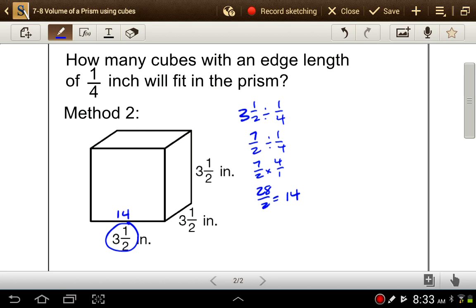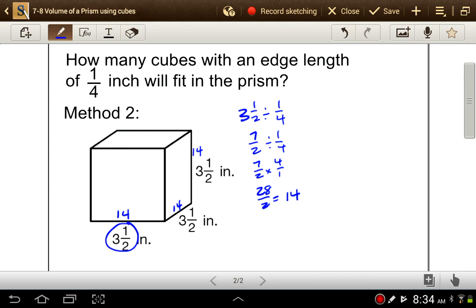Now, since they're all 3.5 divided by 1/4, I have the work for all the sides. This would also be 14, and that would be 14. If they were different numbers, I would have to do more work to figure out how many cubes I can fit for the length, the width, and the height. Now that I know how many cubes I can fit, I can just multiply.